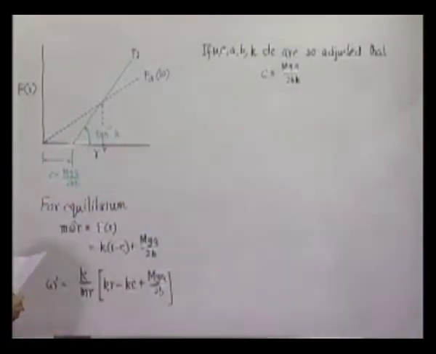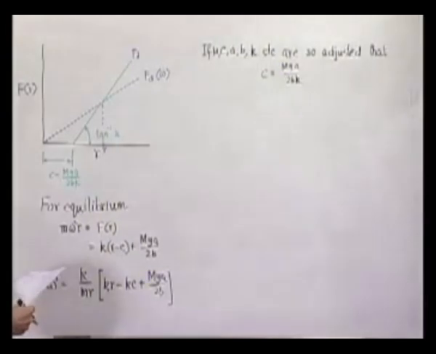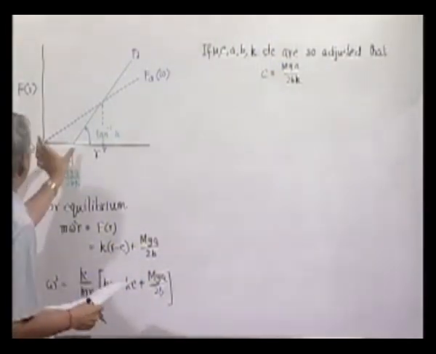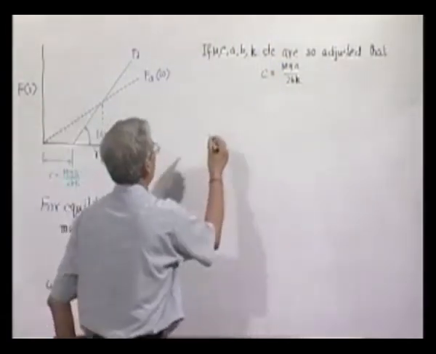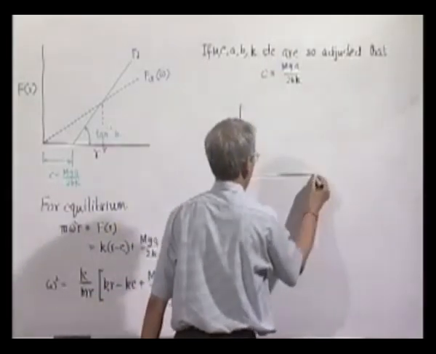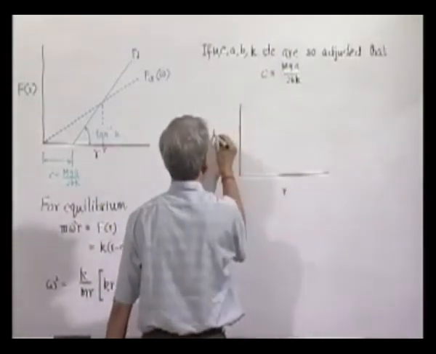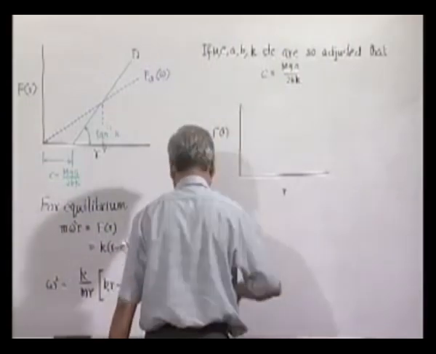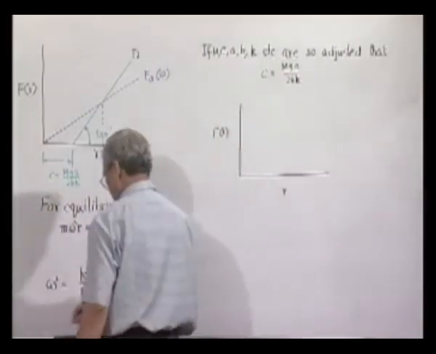So if we do that, then what happens? Then this becomes 0. The control force diagram will now look like this.